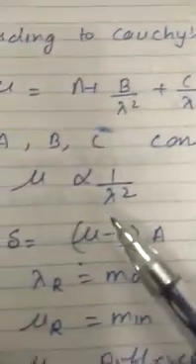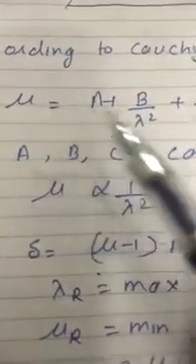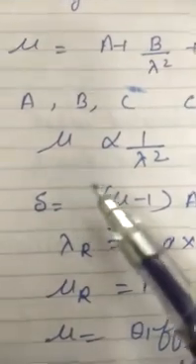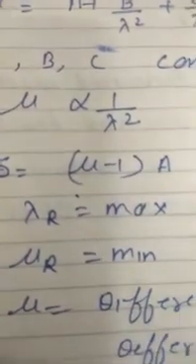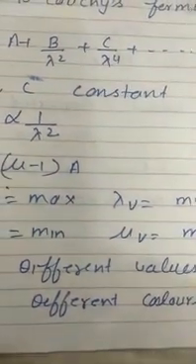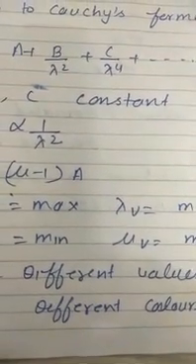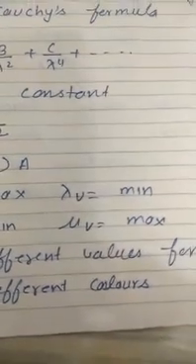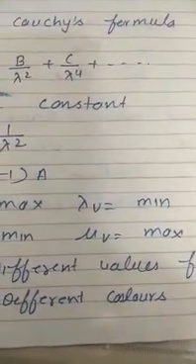And by this relation we see that mu depends upon lambda. In this way mu is also different for the different colors of light, and it will have a different value for the different colors. It means for red color the angle of deviation will be mu r minus 1 into A.